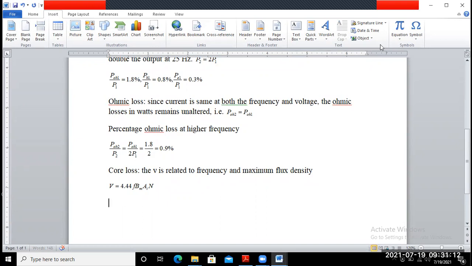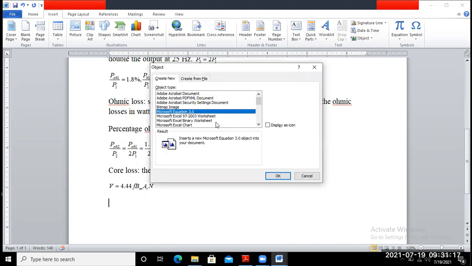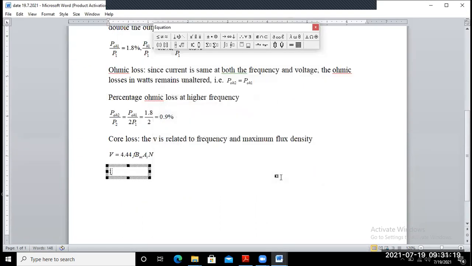If you divide V1 by V2, the constant terms cancel out each other.